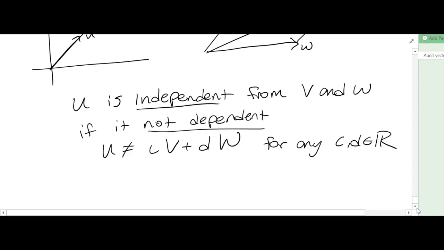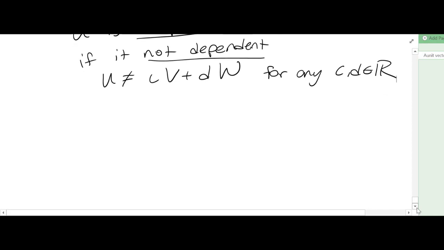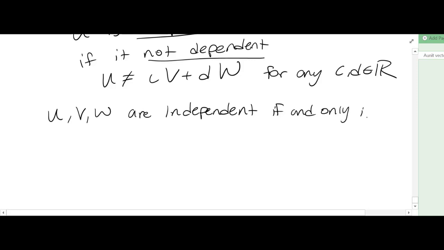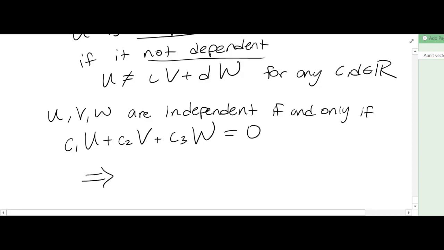There's an equivalent definition of independence that I'll write down. U, V, W are independent if and only if whenever you have some scalars c1, c2, and c3 so that this combination gives you 0, then c1, c2, and c3 have to all be 0.